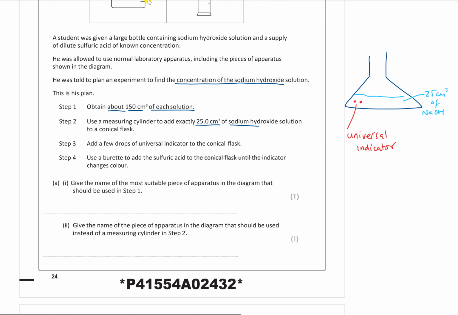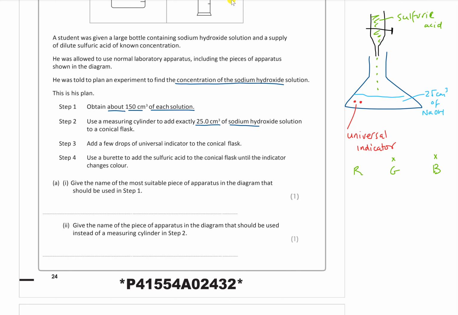Then we're going to add, using the burette, sulfuric acid until it's neutralized. So it's going to go from red, to green, to blue. So it's going to go from blue to green.